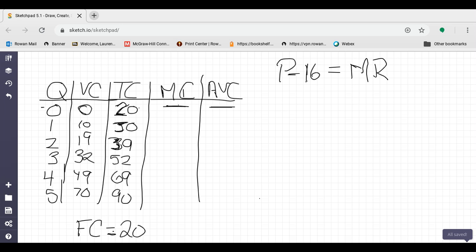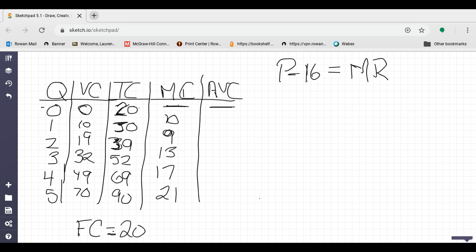That change is 30 minus 20, or 10. Then the next one, 39 minus 30 is 9. 52 minus 39 is 13. And then 69 minus 52, 17, and then the last one's 21.